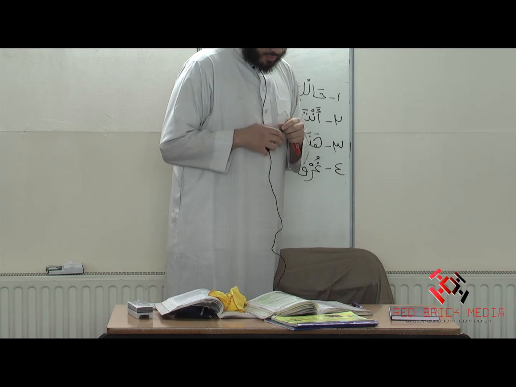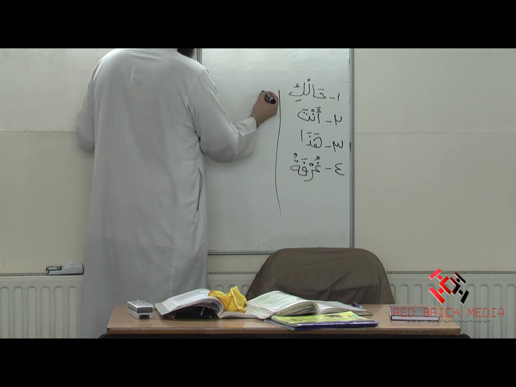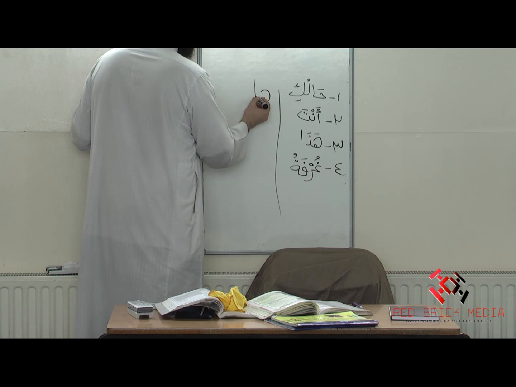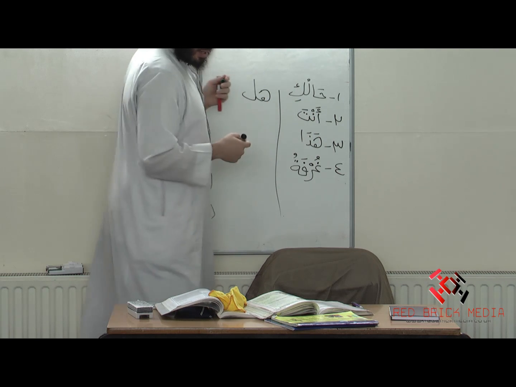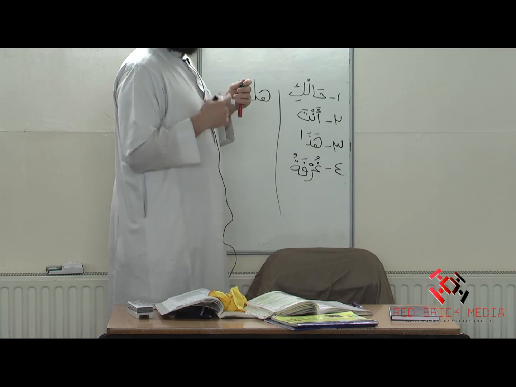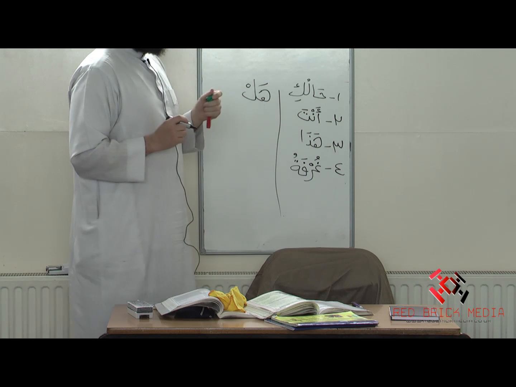Where is the problem? Hal, brothers, not hill. Tuhibbu, you like, you love. Do you love what? At-tamr, dates. Do you like dates? So the problem is with hal. It's with a fatha, not hill.